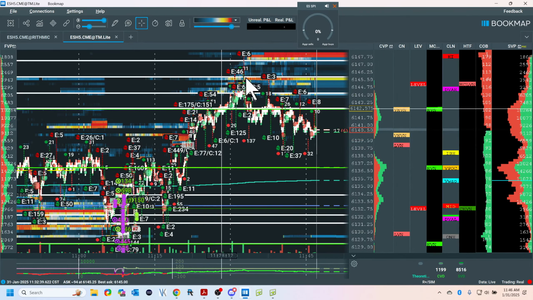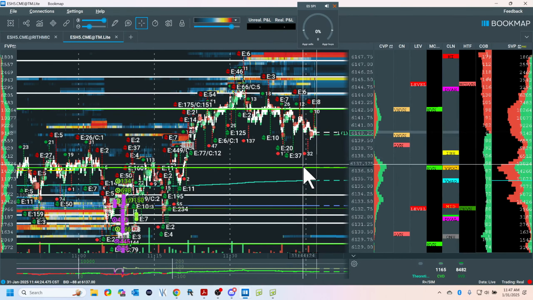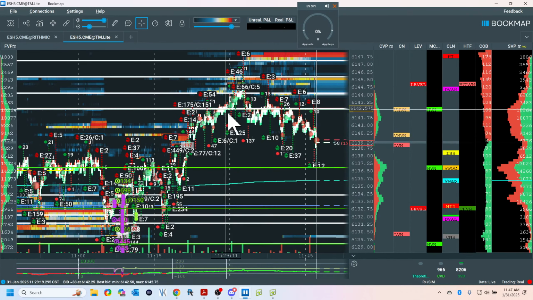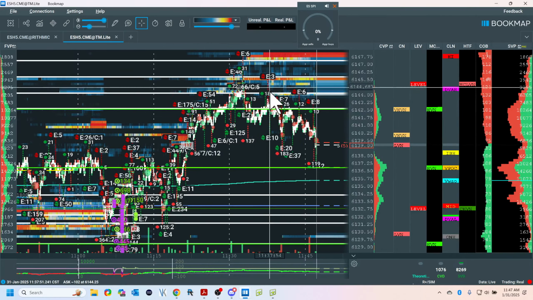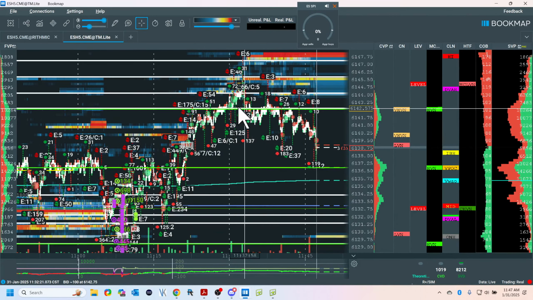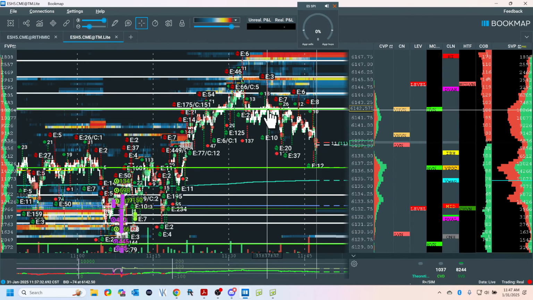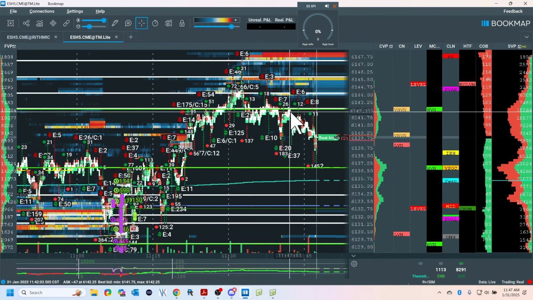Do you hold the counter rotation and risk coming back under here? Or do you manage this, and when it breaks and we can't regain this, and you see this seller and you have a high volume structure here, this is a sell trigger, do you exit?